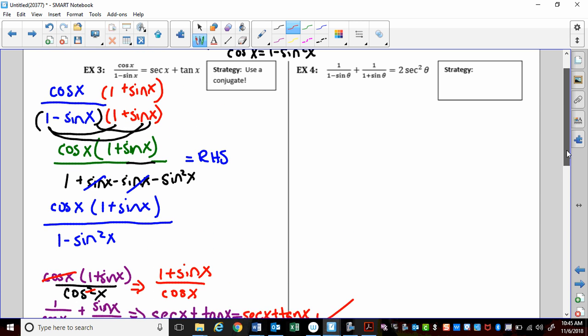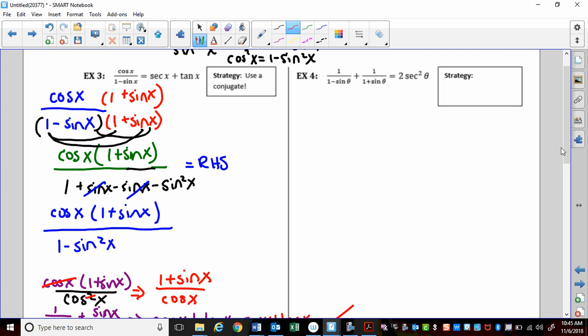All right, let's try another one, and then you guys can try one. This one says 1 divided by 1 minus sine of theta plus 1 over 1 plus sine of theta equals 2 secant squared of theta.